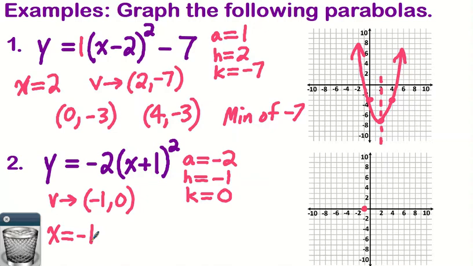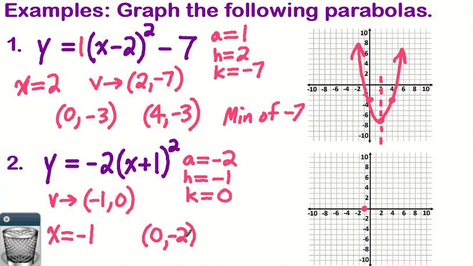And if I wanted to come up with two other points, I could just plug in something random, but maybe not that random. Like what if I plugged in 0? So another point would be 0 comma something. If I plug in 0 for x, it's going to be 0 plus 1, which is 1. 1 squared is 1, times negative 2 is negative 2.